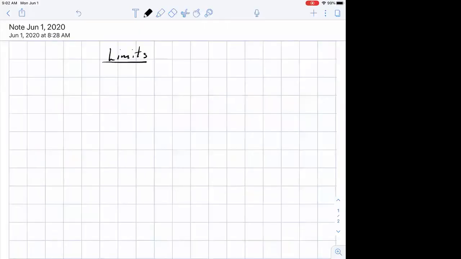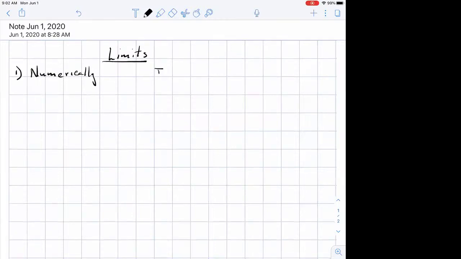So we read that there are three ways to evaluate limits. You can evaluate limits numerically, and numerically just means a table.